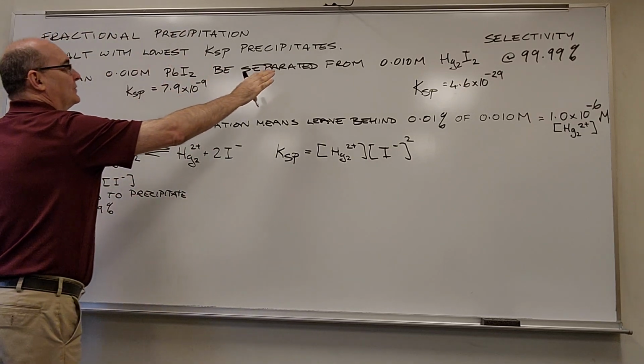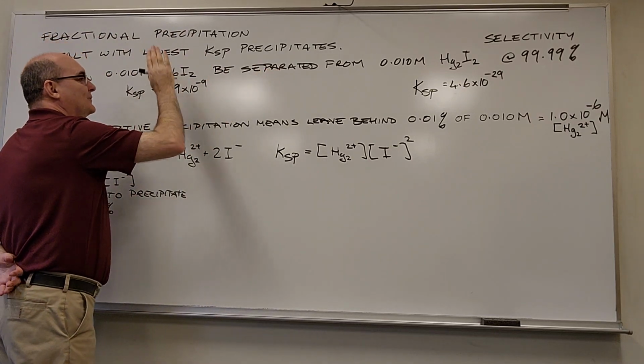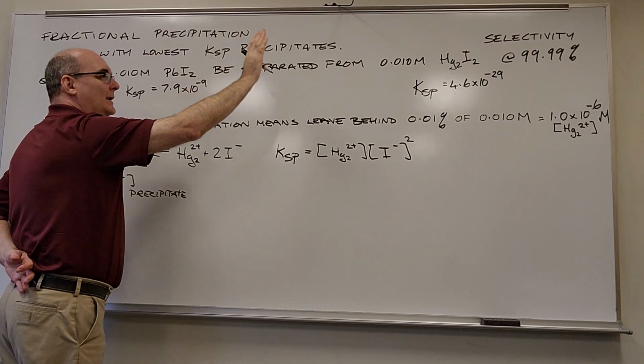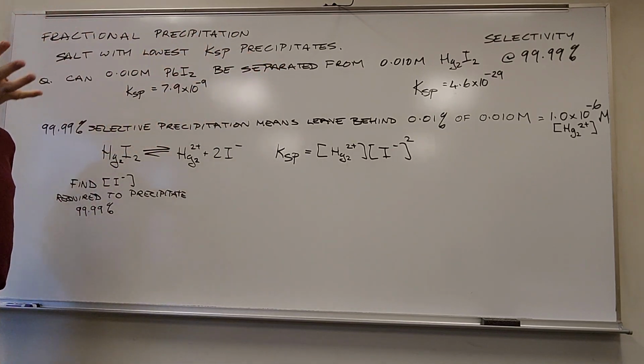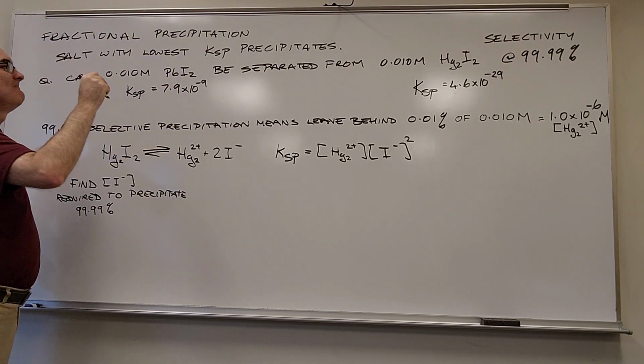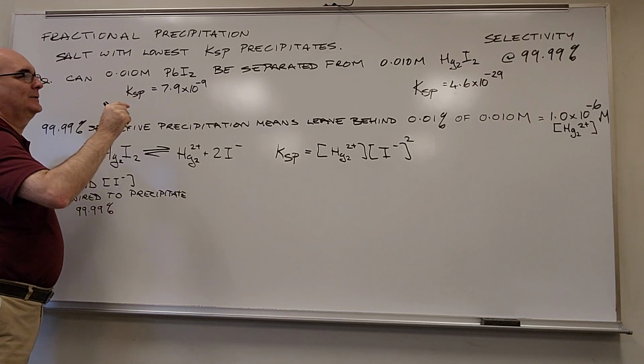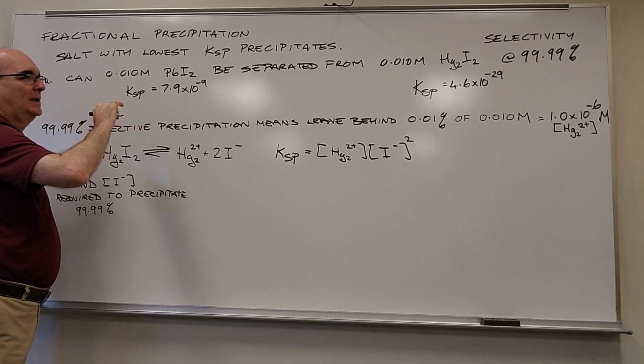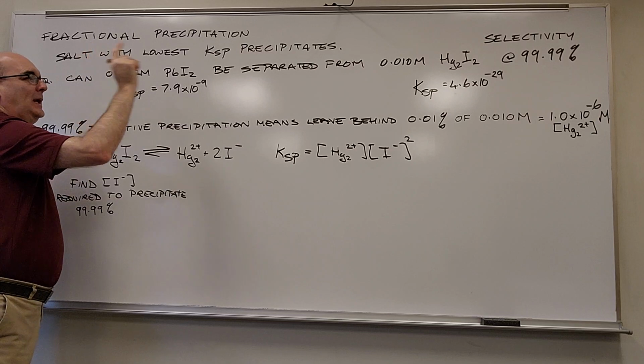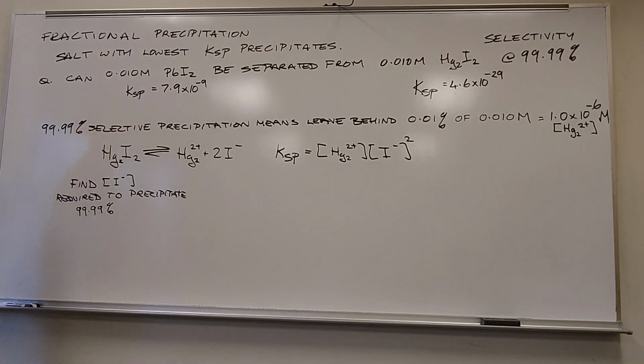I have 2 salts. I have a lead salt. I have lead and mercury in solution, both at the same time. If I add iodide, they will both precipitate eventually. But the KSP for the mercury iodide is so much lower than that for lead that it should precipitate first as long as I use my correct method.